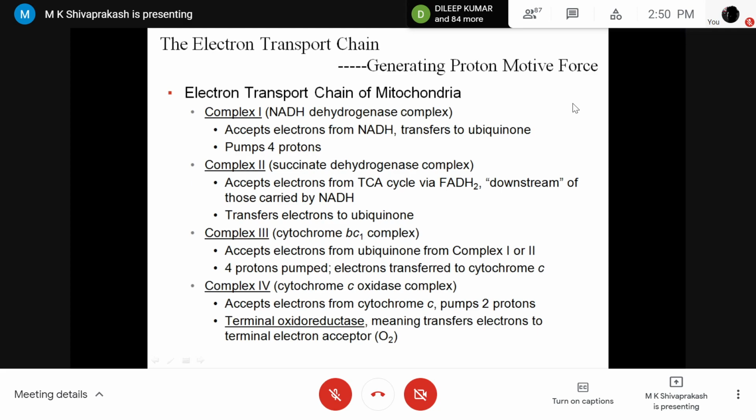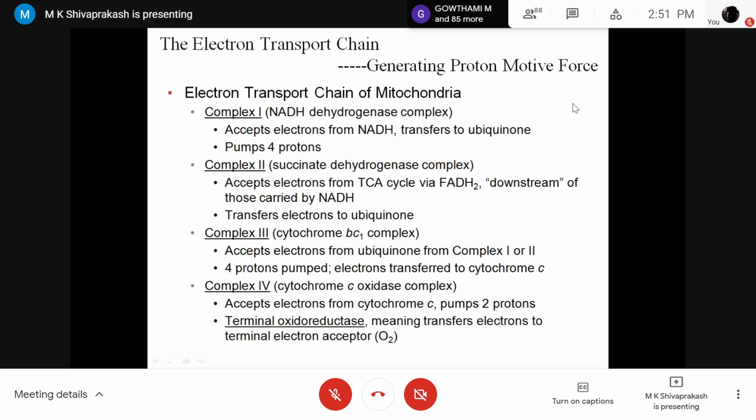So FADH2 comes in at the second stage, downstream of those carried by NADH2, and it transfers electrons to ubiquinone. So since NADH2 enters one step earlier compared to FADH2, NADH2 yields 3 ATPs, FADH2 yields 2 ATPs.